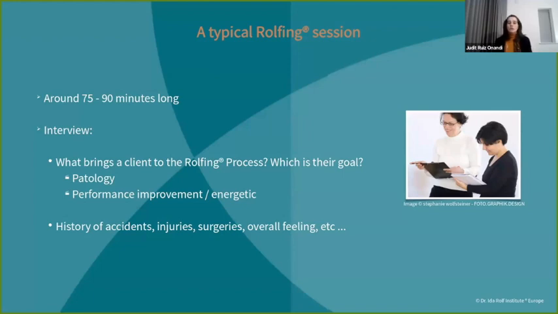And questions that we normally ask is what brings a client to a Rolfing process and which is their goal. And then we will ask history of accidents and injuries and surgeries, the overall feeling they have. Of course, each person is unique and they have their unique history and their goal.